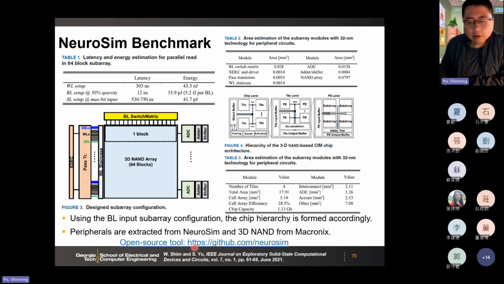This is an open source tool that we use to evaluate peripheral circuits for the computing memory platform. We have models for ADC, adder, shift register, and so on. Then we can evaluate the entire system's PPA: power, performance, and area.